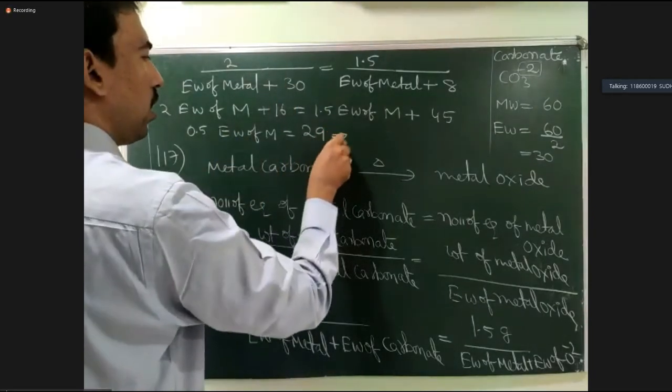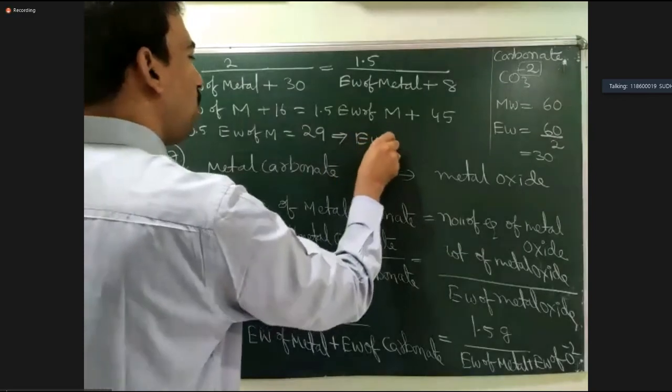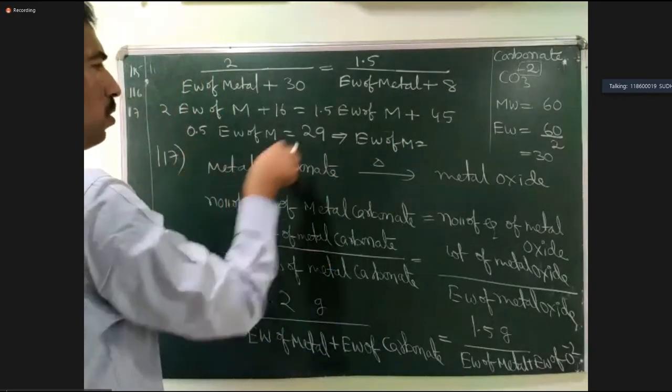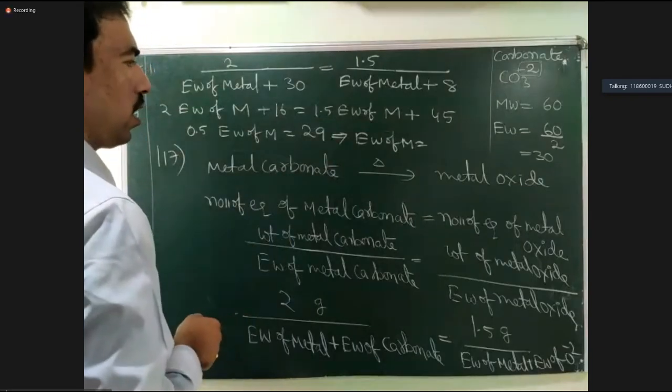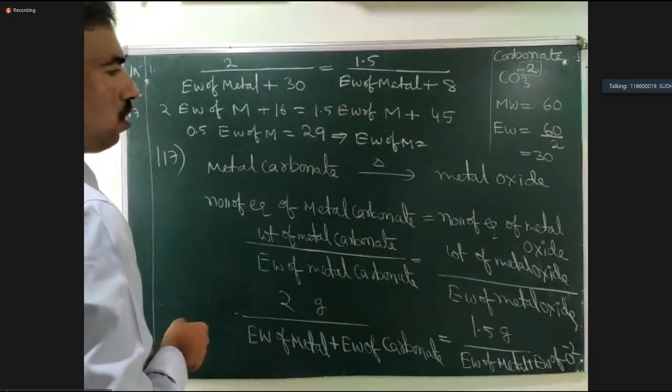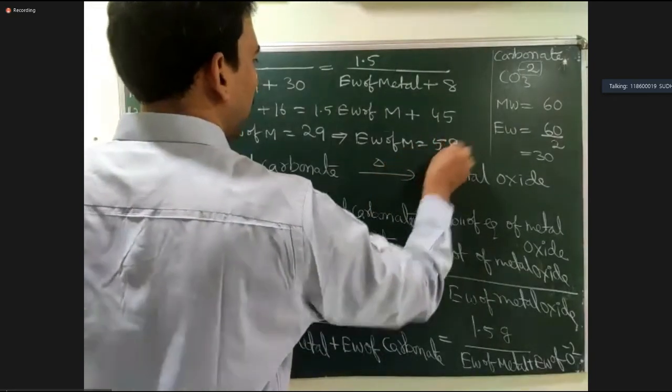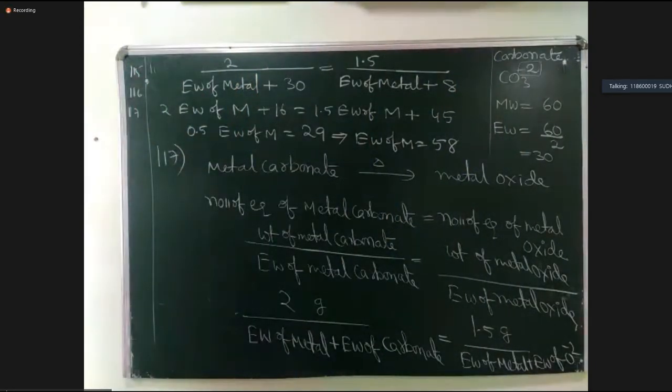Then equivalent weight of metal M is equal to 1 by 0.5 into 29, sorry, 29 into 2, 58. So the equivalent weight of metal M is 58. Everyone please note down this question. It is a very, very important question and will definitely come in the exam.